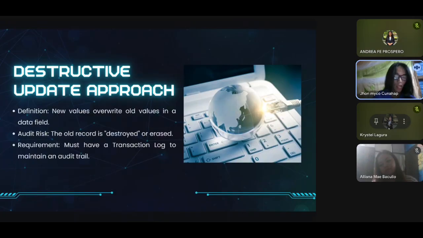We need transaction lag because this lag is our audit trail. It's the only way we can see what the numbers were before they were changed. So the next naman is next slide, please.